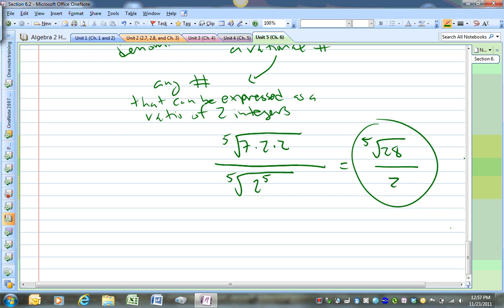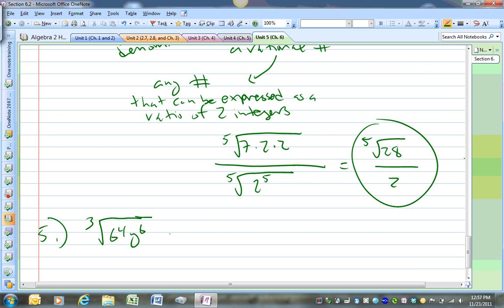A couple other problems I want to talk about. So that was our fourth example. Example 5. So I think now we're ready to try some stuff with variables. So what if I have this? The cube root of 64 y to the 6th power.